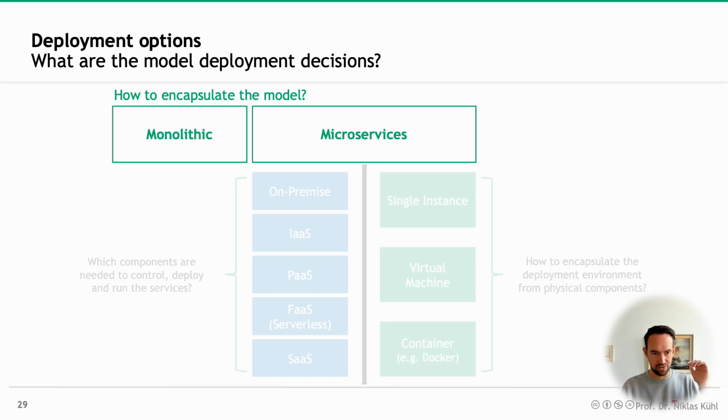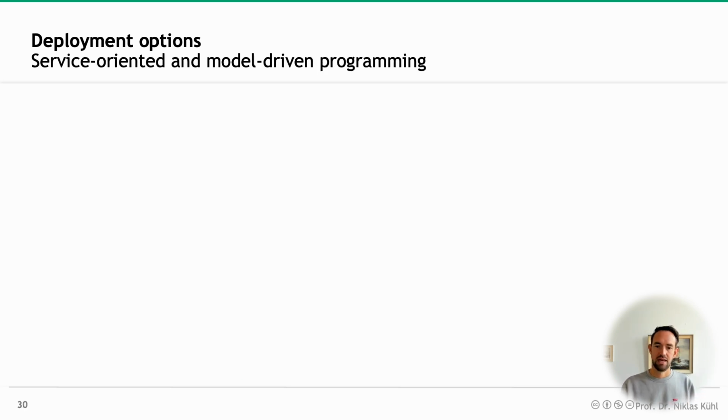But let's first start with a question on monolithic versus microservice. And this brings in logic that we call service-oriented computing or model-driven programming. Sometimes it's called service-oriented architecture. But I want to shortly explain to you what that is.